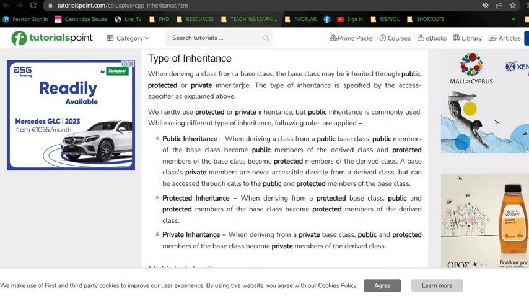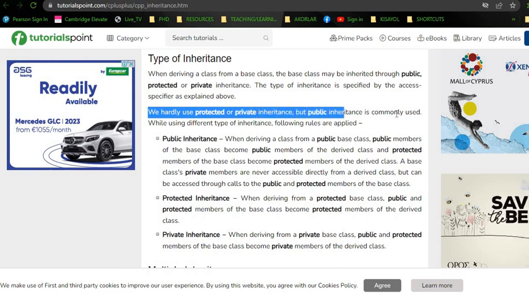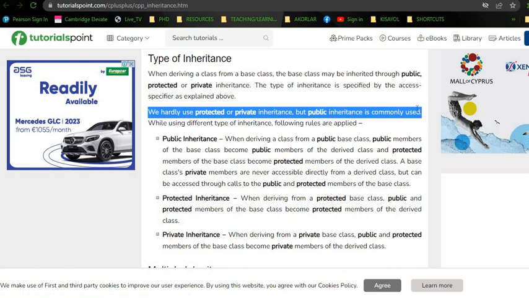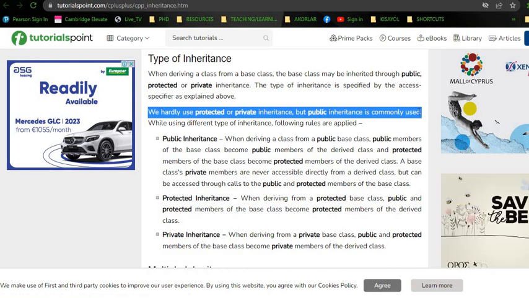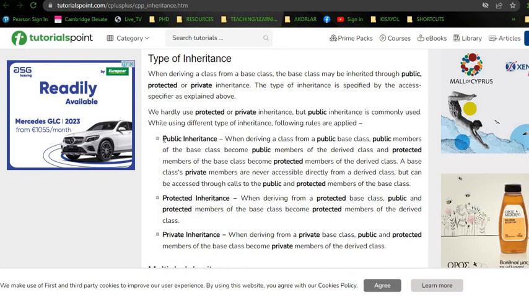What kind of inheritance am I going to do? But we hardly use protected or private inheritance, and we are using public inheritance, generally.